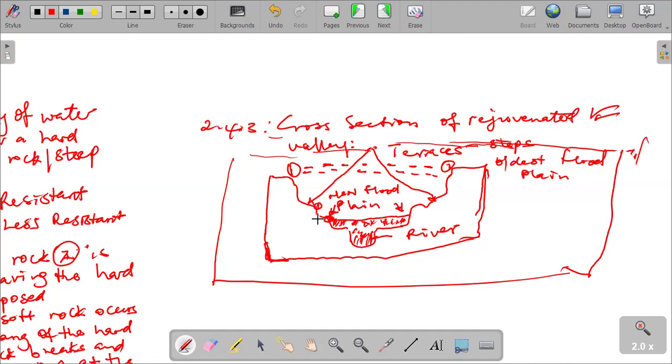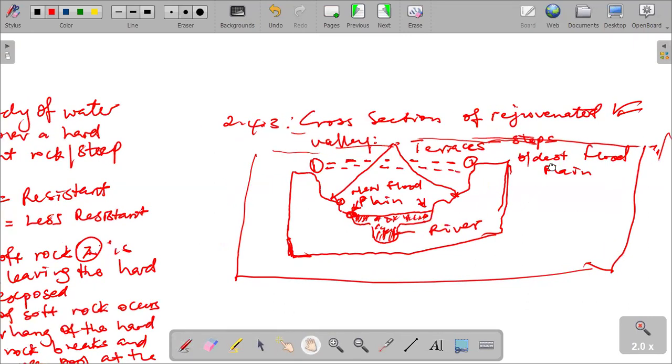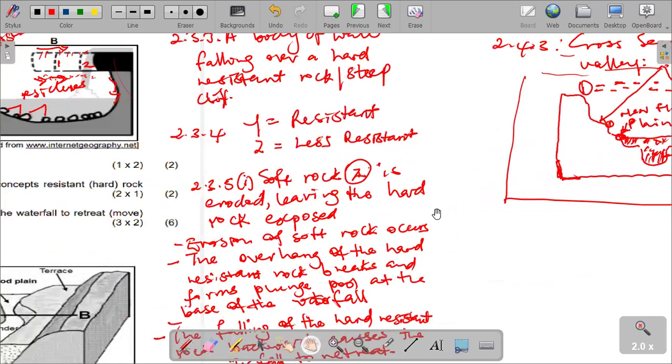These are the steps here, the steps that are being formed. It is because of the undercutting of the river channel, or of the stream, as it regains energy. So it keeps on incising, it cuts deep into the old stream, so that the water is concentrated along a smaller part of the river channel, which causes the steps to form. So the forming of the steps is what we call the terraces.